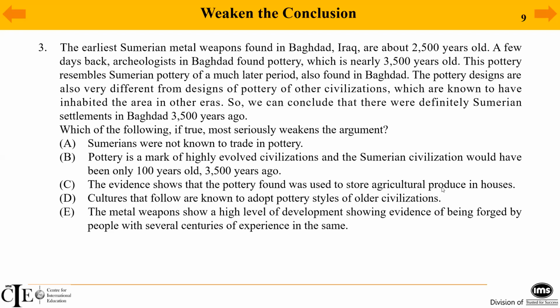So they are saying that there must have been Sumerian people existing 3500 years ago, because that 3500-year-old pottery is resembling the later Sumerian pottery that came in Baghdad. Now we have to weaken this.